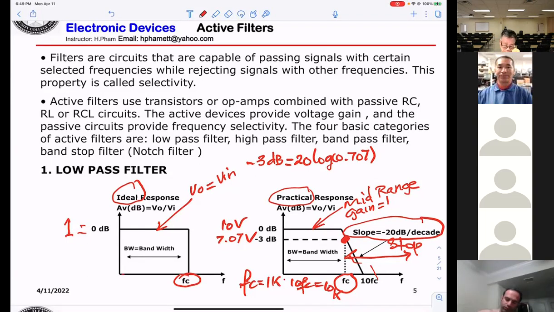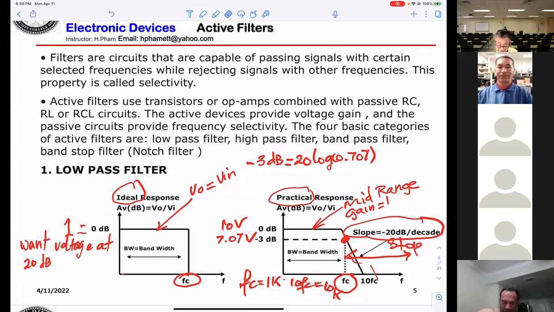You already know how to calculate the voltage at the cutoff frequency.